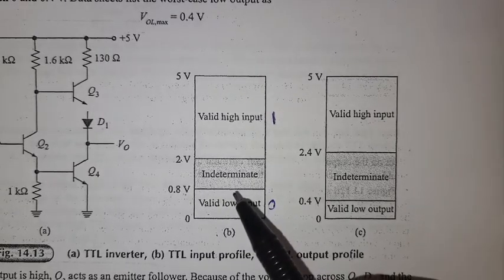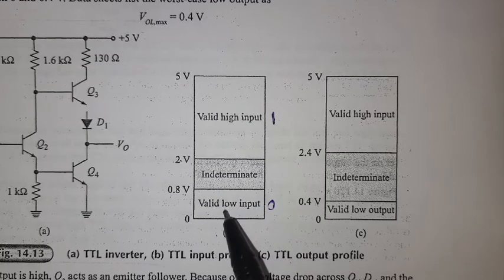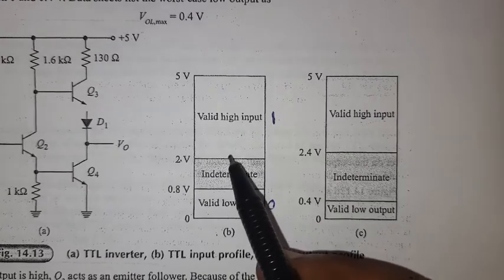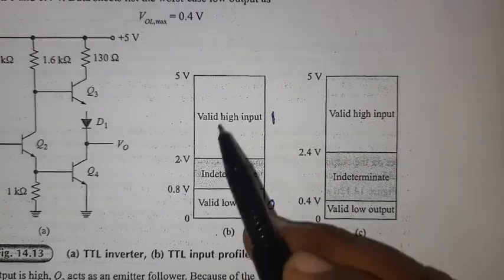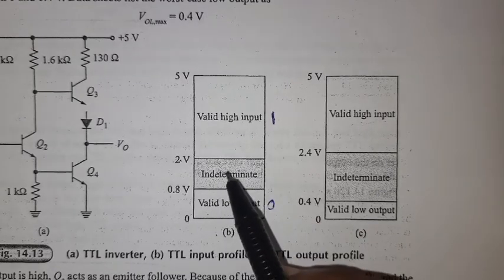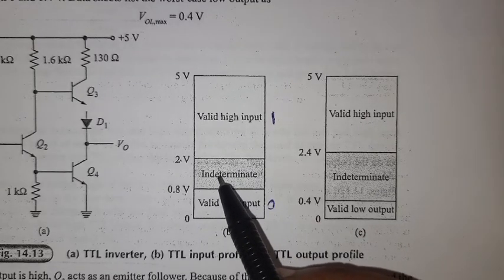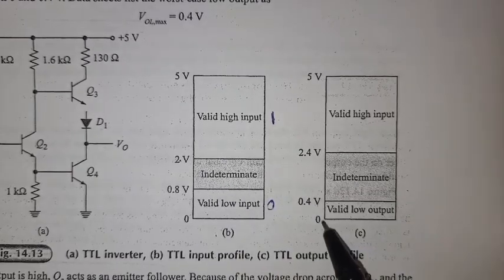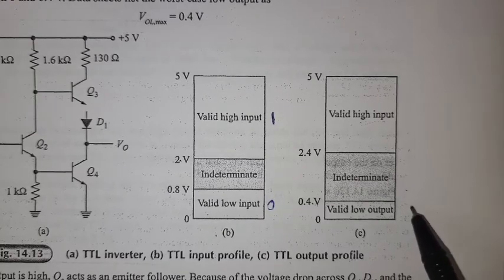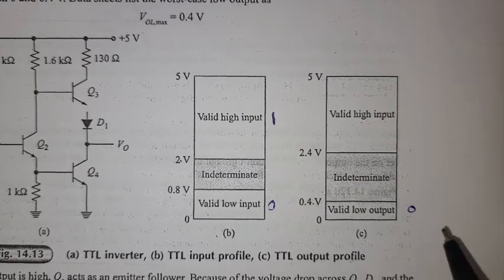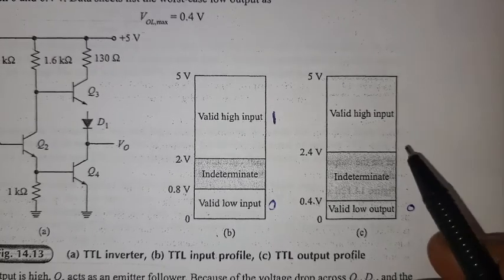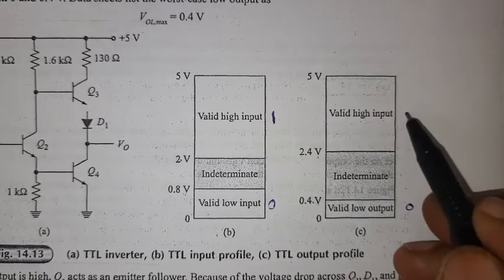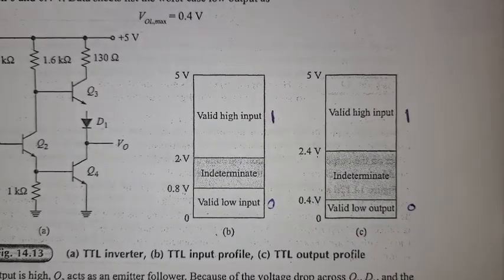Therefore, when providing logic 0, the voltage must be less than 0.8, and for logic 1, the voltage must be greater than 2 volt. Otherwise, our TTL device may not work properly. When the TTL device gives an output, if it is from 0 to 0.4 volt, it is treated as logic 0, and if it is from 2.4 to 5 volt, it is treated as logic 1.